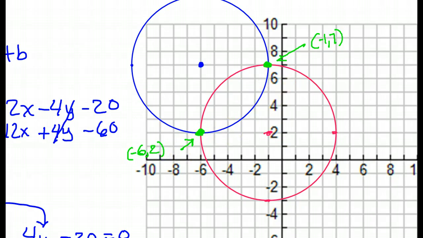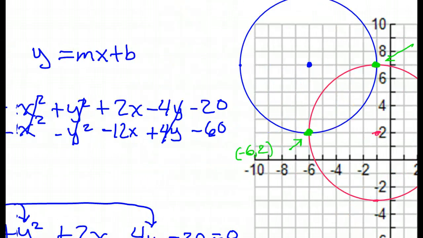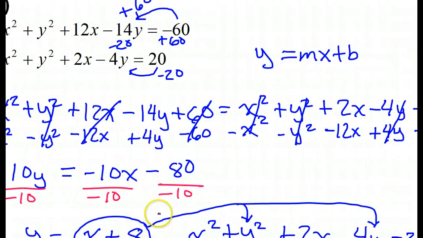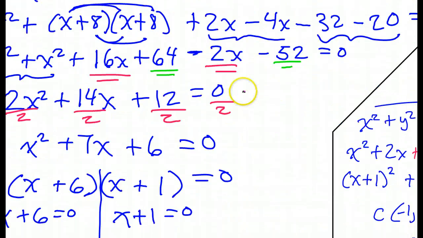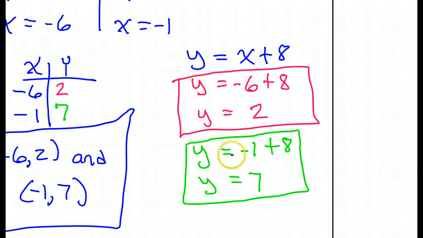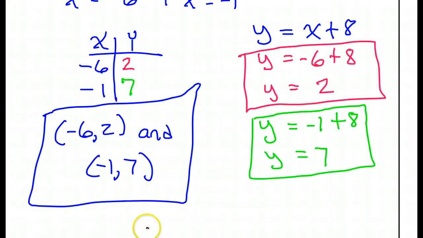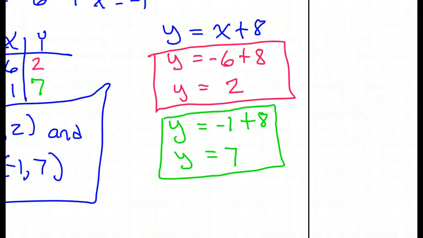Now, how does that compare with what we found algebraically? Oh, look at that. Negative 1 comma 7 and negative 6 comma 2. I think we have ourselves a winner.